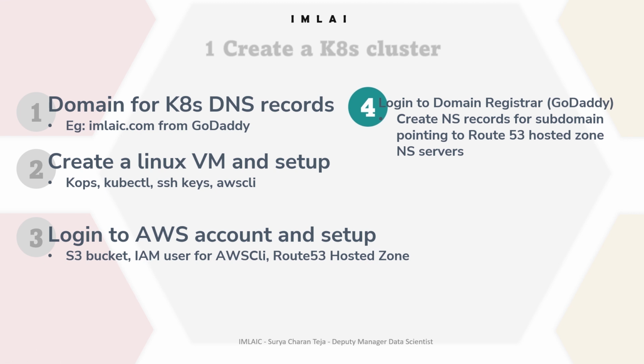The Route 53 hosted zone NS servers should be connected with the NS records of the subdomain, so that the EC2 instances which are part of AWS can be put into the subdomain of GoDaddy, so that we can access these EC2 instances through the domain names using the name servers.